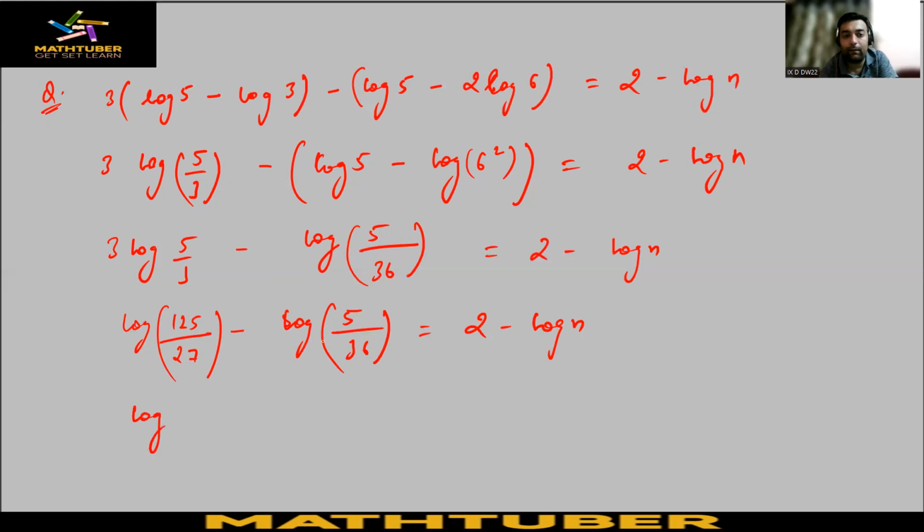And log of a minus log of b becomes log of a divided by b. So it will be 125 upon 27 divided by 5 upon 36, equal to 2 minus log of n. And here it will become log of 125 upon 27 multiplied by 36 upon 5.